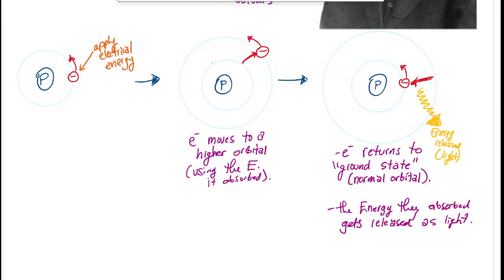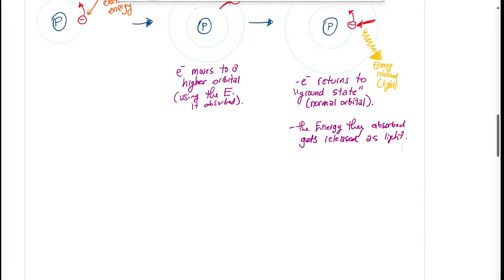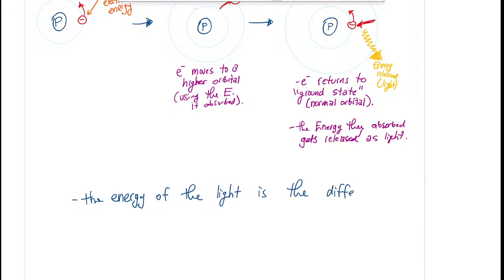But what is noteworthy is that, like we said, the light only comes in certain frequencies, and that's going to be important. So what we can say is that the energy of the light is the difference in energy between being in those two orbitals.